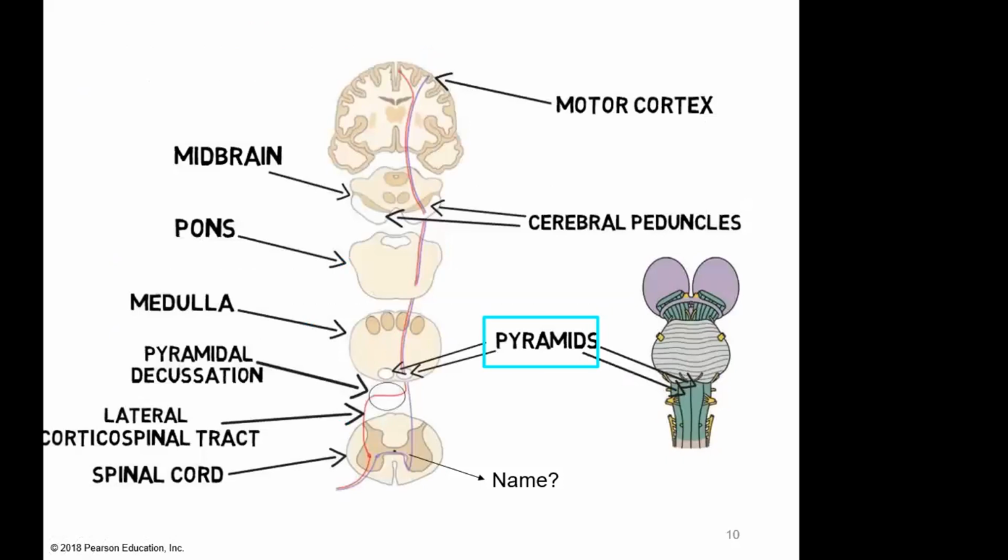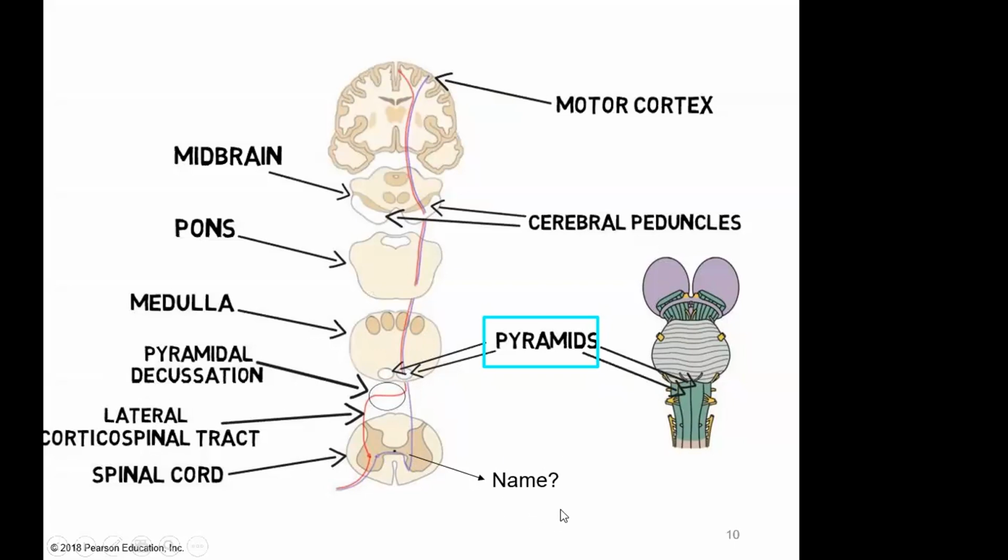If we look at a picture of this, look at what's happening here. We've got our motor cortex, right? We've got a tract that's going to run down through the brainstem. We're going to go through the medullary pyramids. And then we have decussation that can occur here if we're talking about the lateral tract, or decussation that can occur in the commissure if we're talking about, what was the name of the other one?